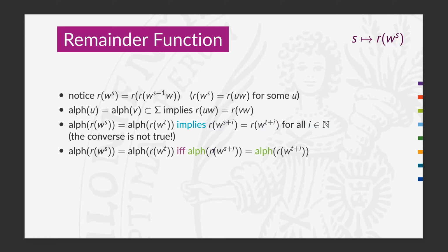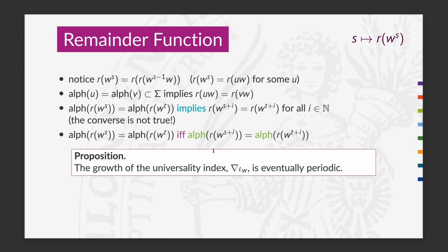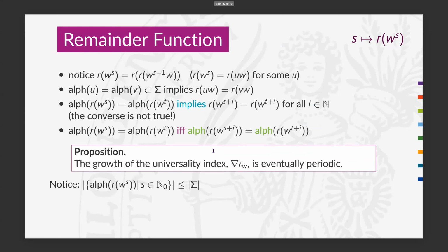This means that the growth of the universality index is eventually periodic. I have to find the smallest part from which on I can add something, and the alphabets of the rest are the same. And I can stop before the cardinality of sigma, because afterwards it will not do anything new.